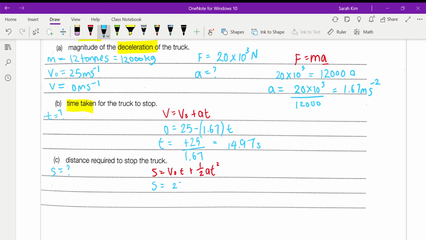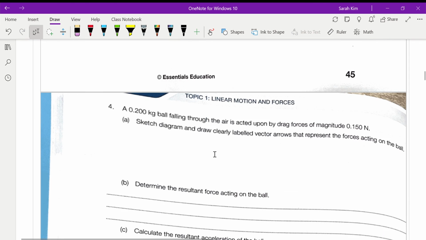V naught is 25, my time is 14.97, plus half, remember it's a deceleration, so I'm going to write negative 1.67, and then times t squared. If I just chuck that in the calculator, I get about 187 meters. That is it for that question.